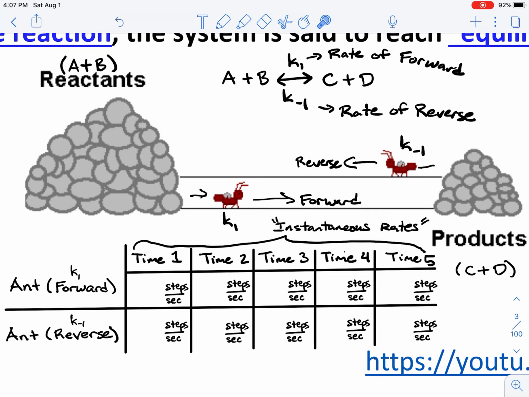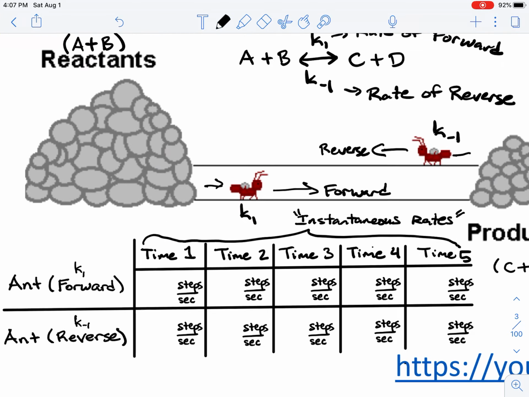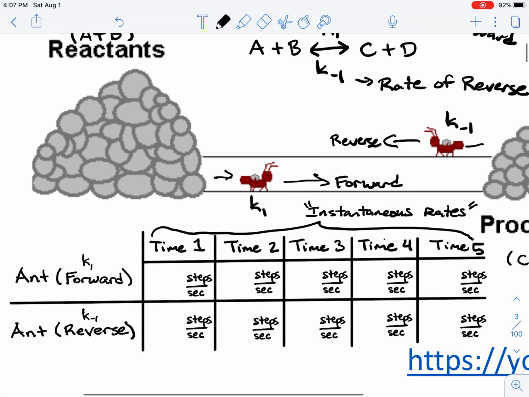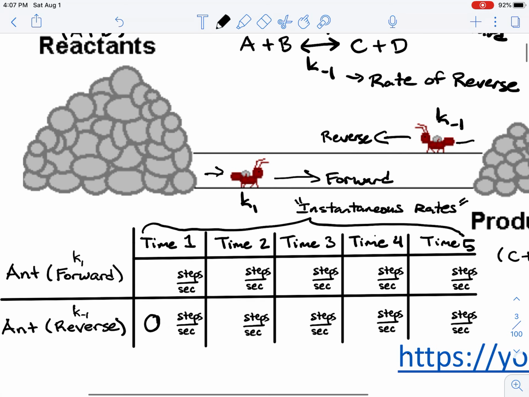And so it doesn't make sense for our ant that's going in the reverse direction to move if there's no rocks to move. And so at time 1, we're going to say that it is moving at 0 steps per second. It's just staying there. There's no rocks for it to move.